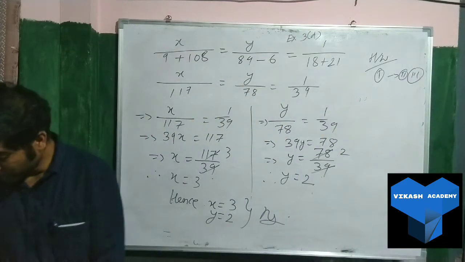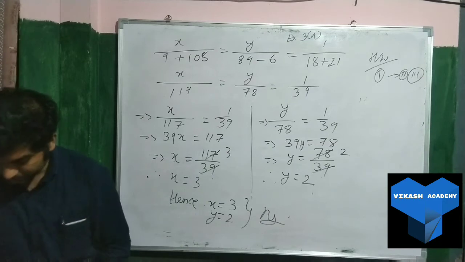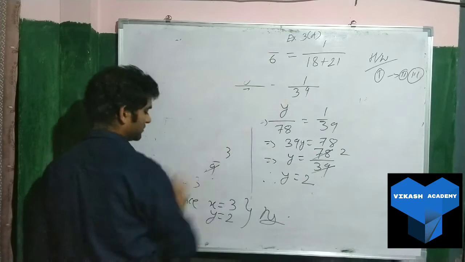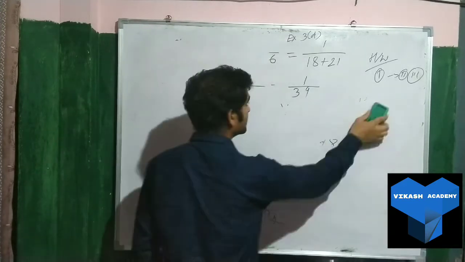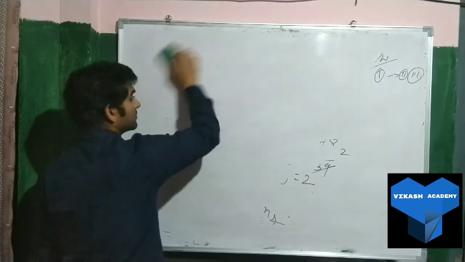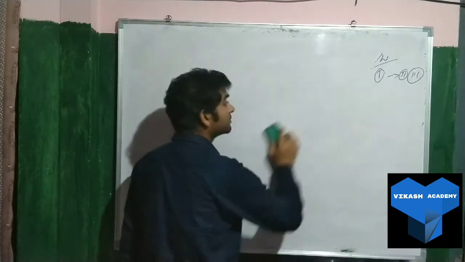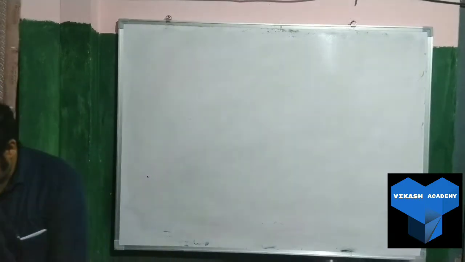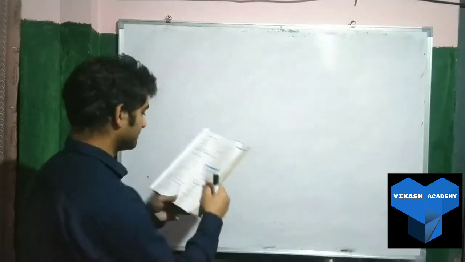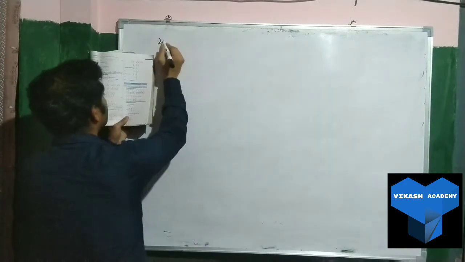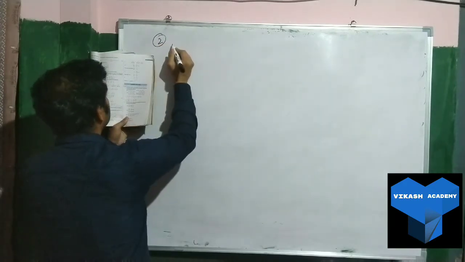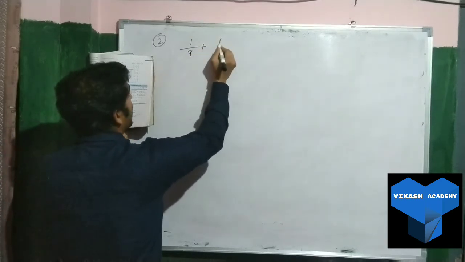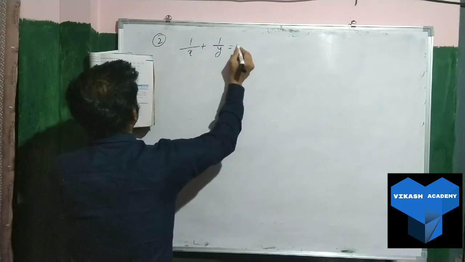Now let us move to next question. Here question number 2, subdivision 2, only one question is here. 1 by x plus 1 by y is equal to 7.